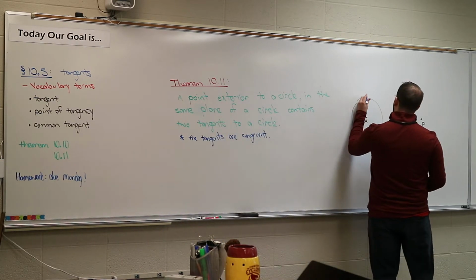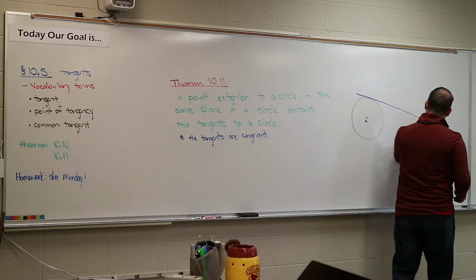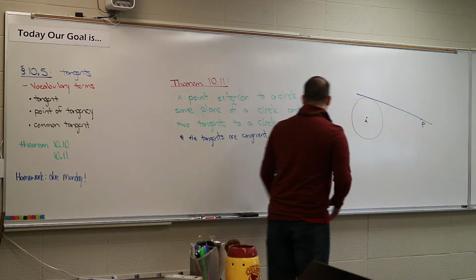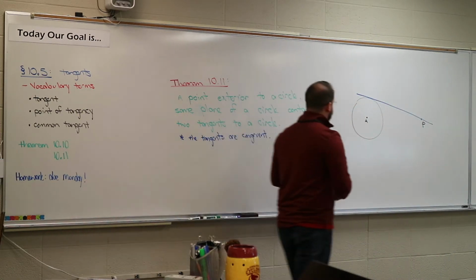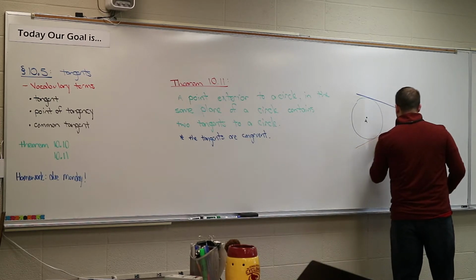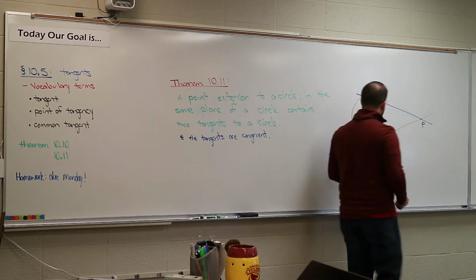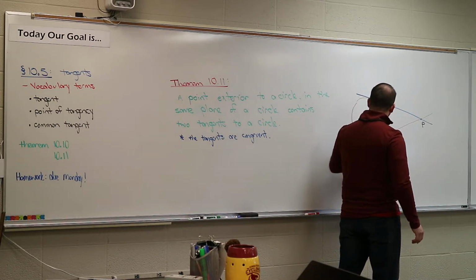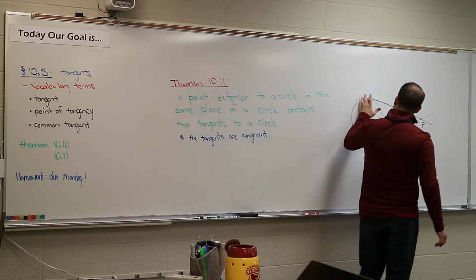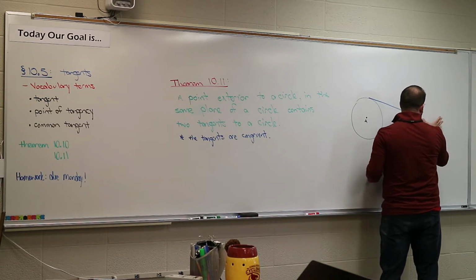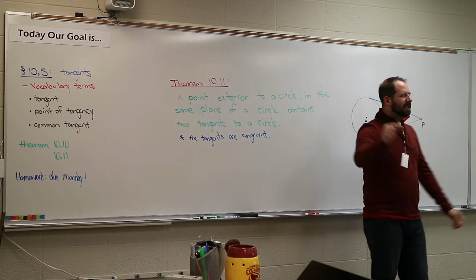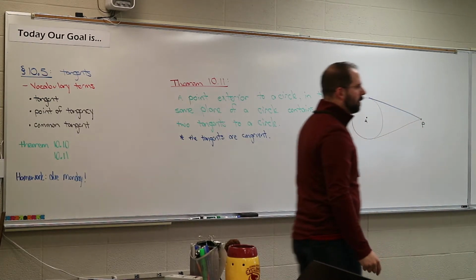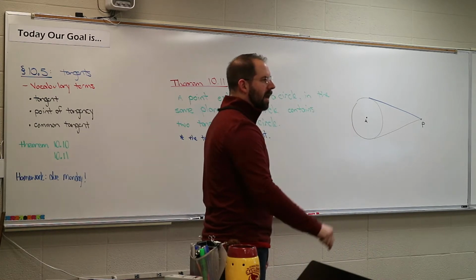I could draw a tangent going this way. There's one. And I could draw another tangent line going that way. What they're saying is that these tangents, these actual segments, if you were to draw these, they're exactly the same length. The red line and the blue line have to be the same number.